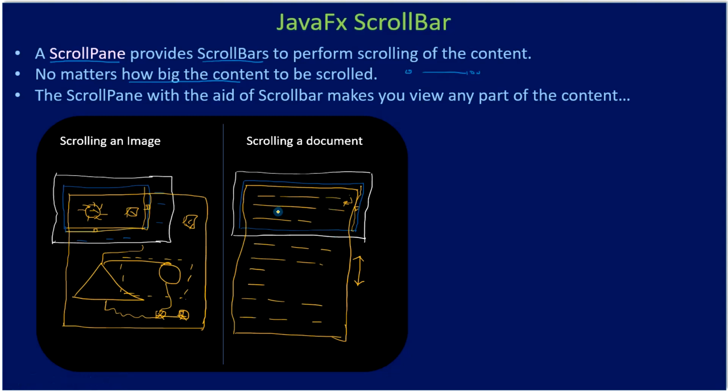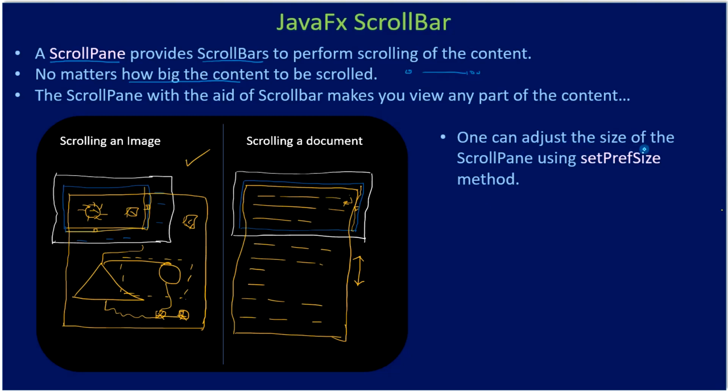So both are the same technique. Here in an image, it is not meaningful if you perform wrapping, that will collapse your image. So usually for an image we will go with both the scroll bars, and in this example we are going to scroll an image using the ScrollPane.